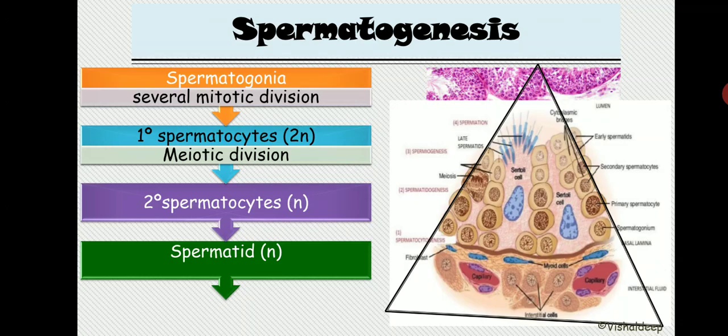Now this spermatid will undergo a maturation process, known as spermiogenesis. Yes, there is another terminology that you need to remember, that is spermiogenesis. Now what is spermiogenesis? It is the process by which a spermatid becomes a mature sperm.